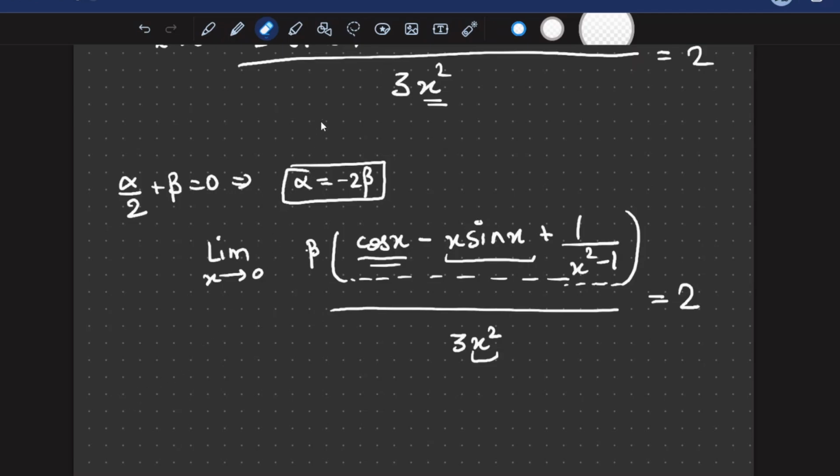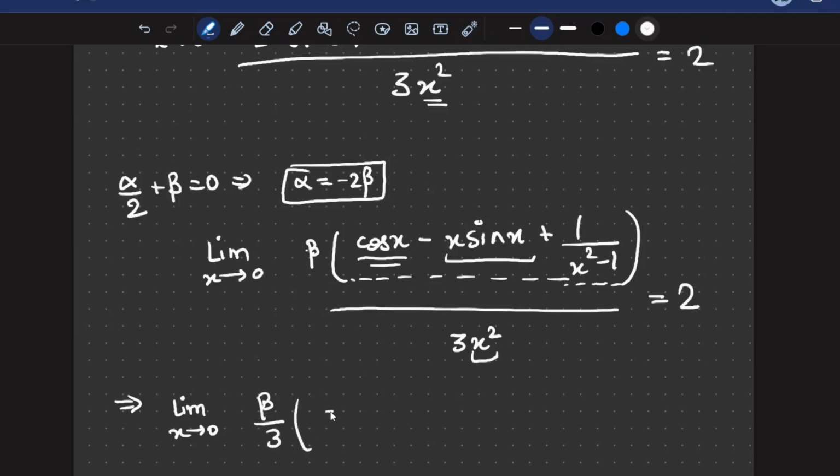So let us add and subtract 1 to the bracketed part. It is equivalent to adding and subtracting alpha, adding and subtracting beta to the numerator. So this will become limit x tending to 0. Let us take beta by 3 common. We'll get minus x sin x divided by x square minus 1 minus cos x by x square.